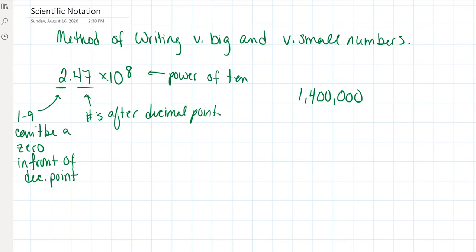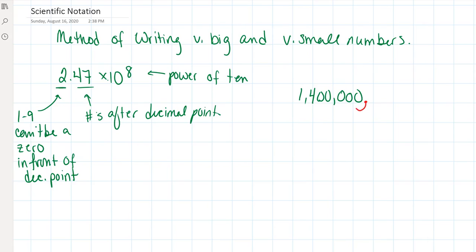So what I would do is I would say, all right, I know my decimal point starts at the end of this number, and I'm going to draw my decimal point in red just to help point out our differences here. Whenever I go into scientific notation, my goal is to have one digit in front of the decimal point that can't be a 0.